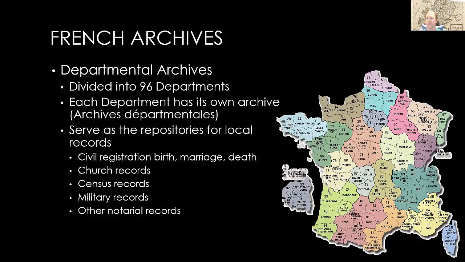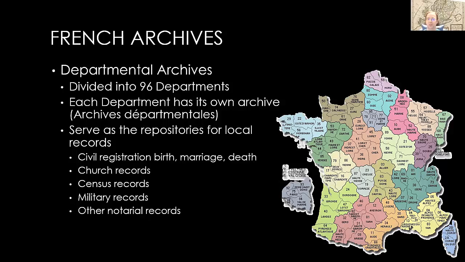Another way of going in is looking at the departmental archives. These are basically the individual states within France. There are 96 departments in France, so there's a lot of departments. Each department has its own archive, and those archives serve as the repositories for the local records.